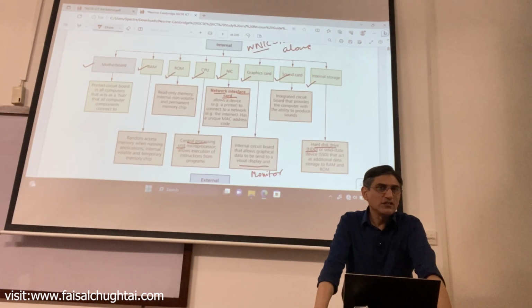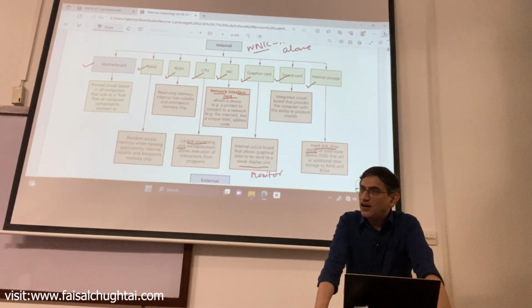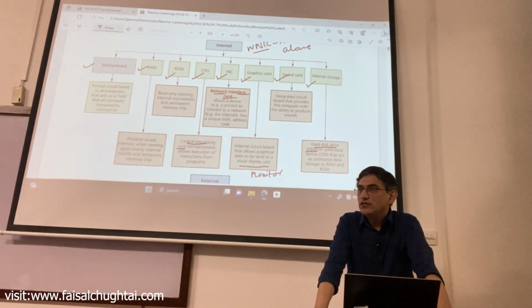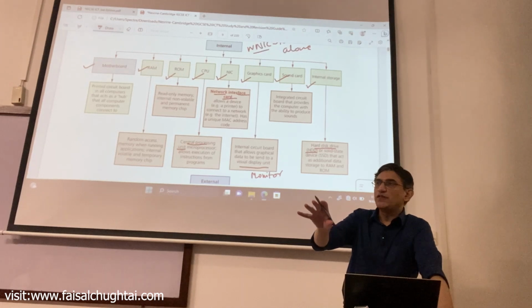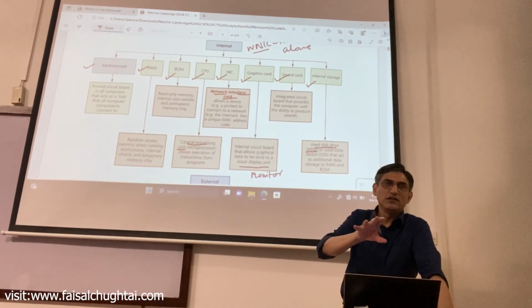Does anyone in this class know the difference between a hard disk drive and RAM and ROM? You know what the purpose of RAM and ROM is. How is the purpose of a hard disk drive different from RAM and ROM?